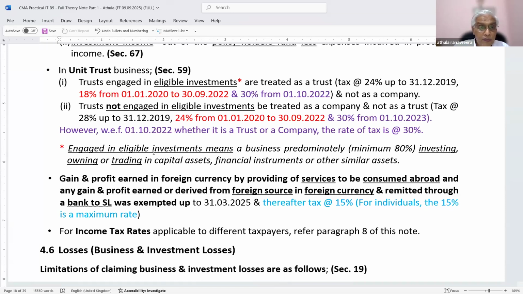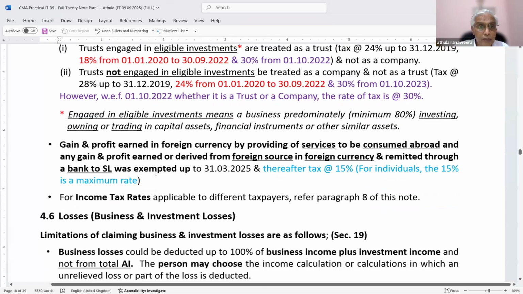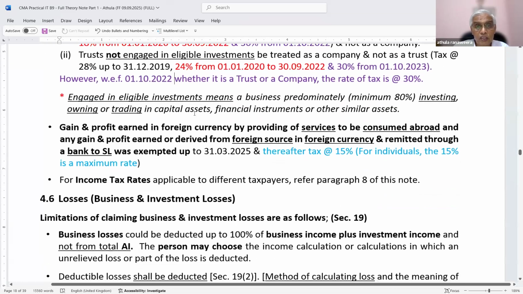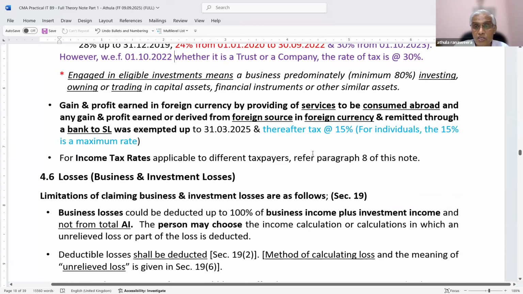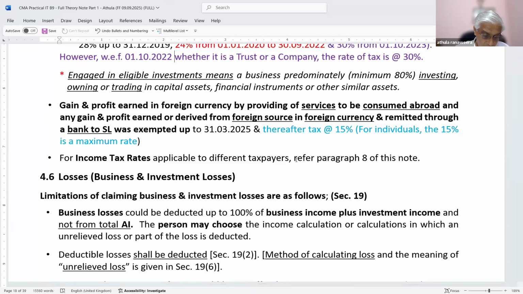Now, coming back to the subject matter, gain and profit earned in foreign currency by providing services. Earlier, it was exempted. Now, with effect from 1st April 2025, it is liable at the rate of 15%. Earlier, when you rendered services to be consumed outside Sri Lanka, it was totally tax exempted.